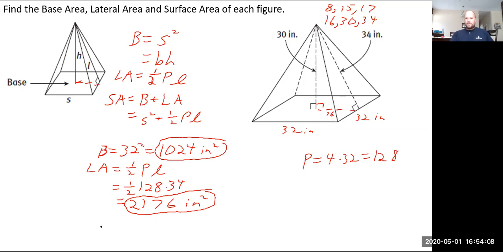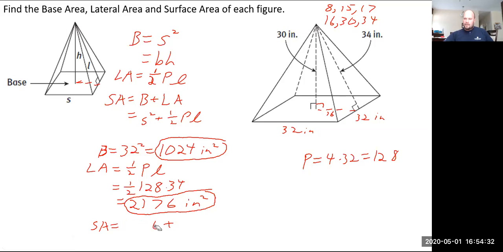All right, so for our final surface area, we're just taking the base area plus the lateral area. So base area is 2,176 plus the, that was the lateral area, my bad. I reversed them. Let me write that in the same order so it doesn't confuse anybody.